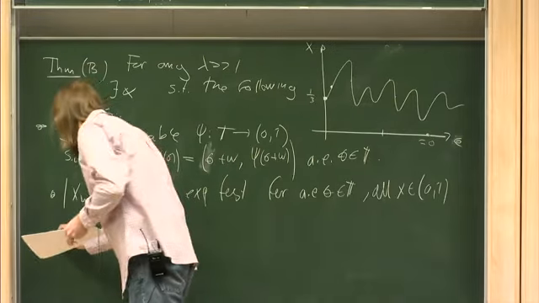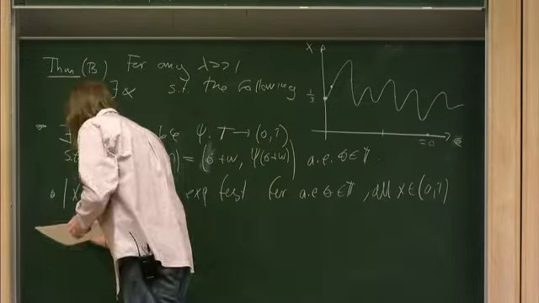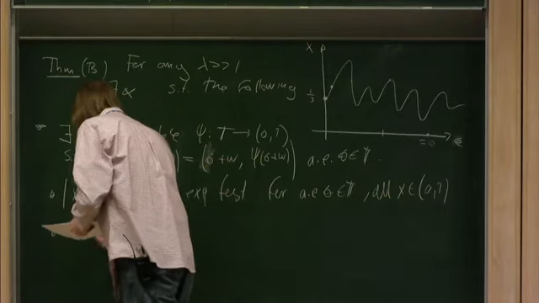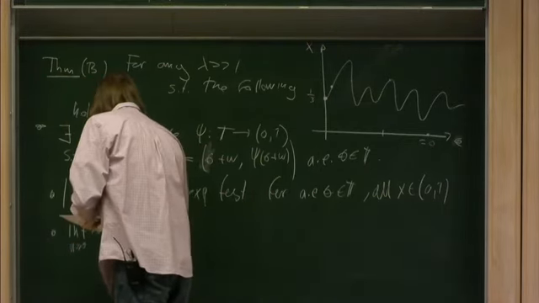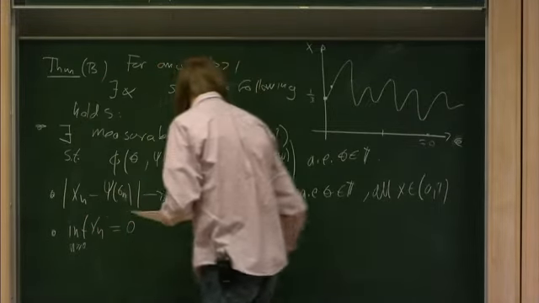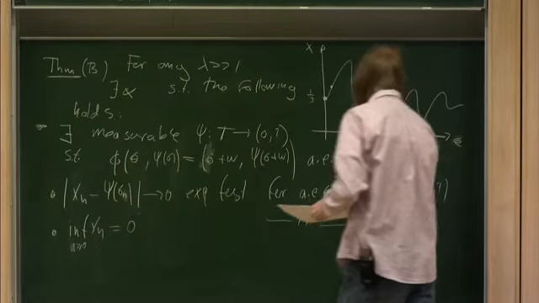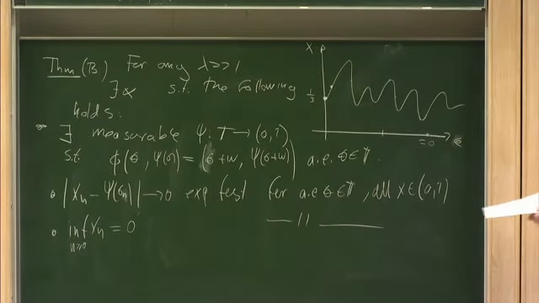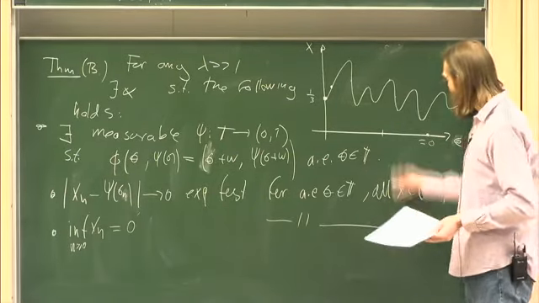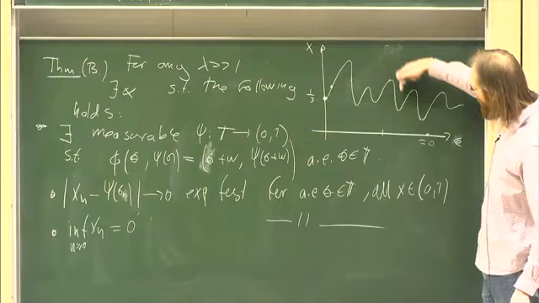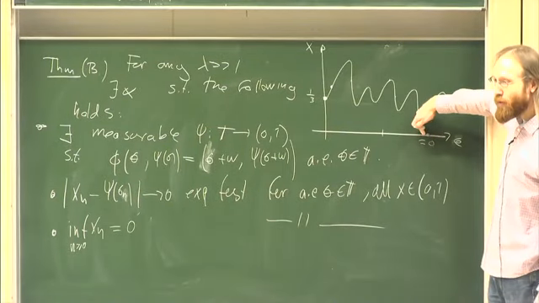And then the thing is that the infimum of x_n for n greater or equal to 0 is equal to 0 for almost every theta and all x. So it means that for almost any theta, any x you take will come arbitrarily close to 0.